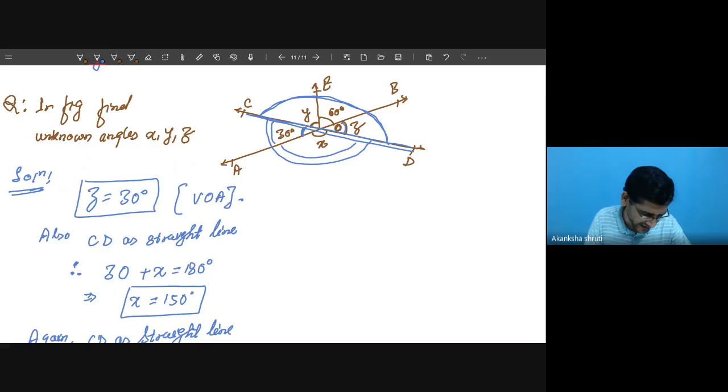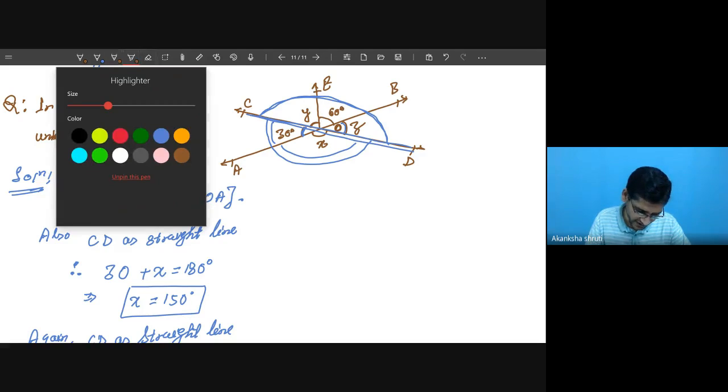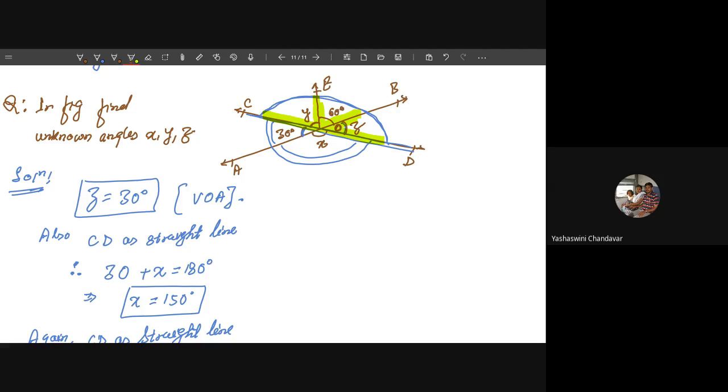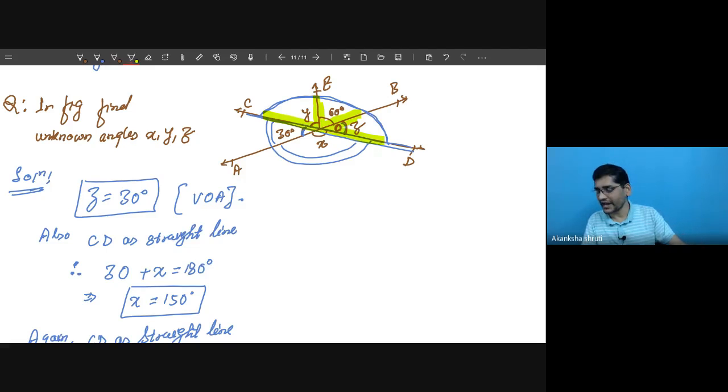So student, once again watch this. So if we are going to take like this, we have to first take this angle, watch it, then we have to take this angle, then we have to take this angle. These are the three angles.